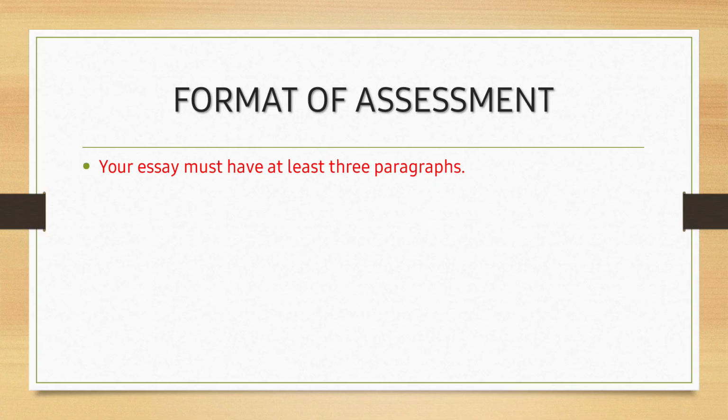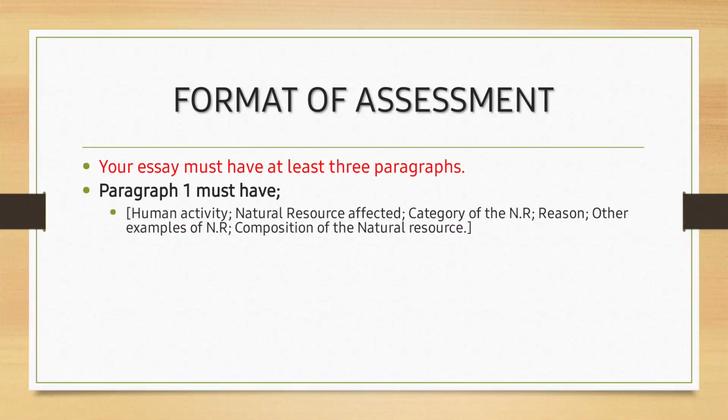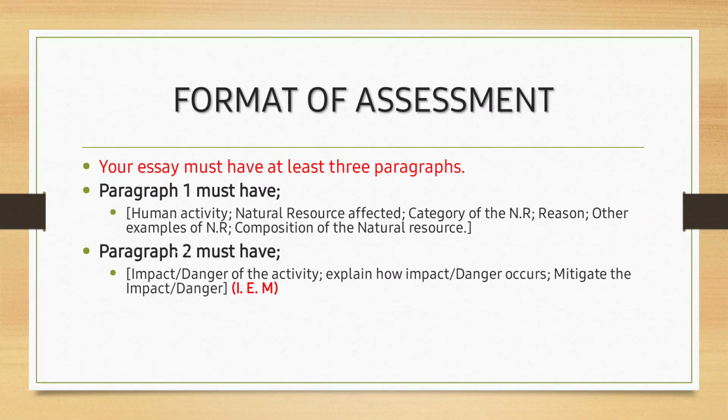Okay, so we are free to move forward. That's the first paragraph. Then paragraph 2 must have the impact or the danger of the human activity. Then you have to explain how the impact or the danger occurs, and then you look forward to mitigating the impact or the danger, and that was abbreviated as IEM.